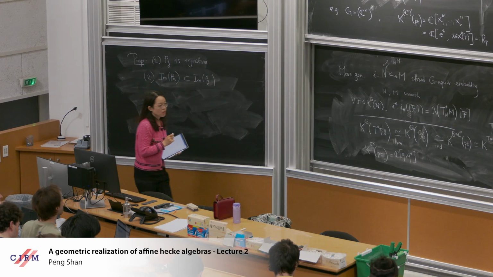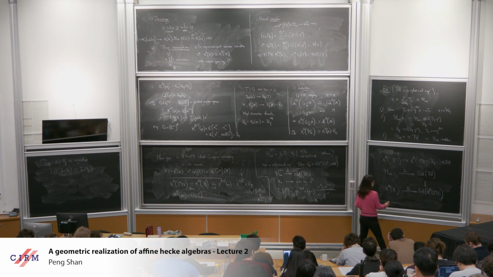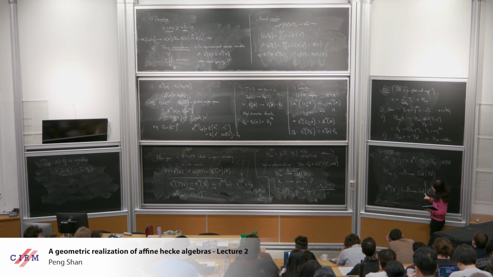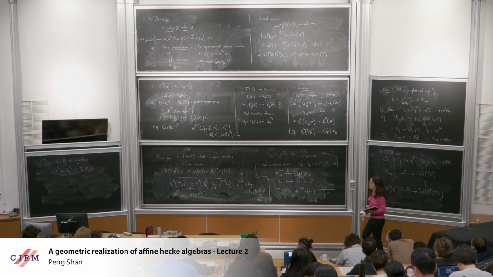Okay? So if this is injective and the image of this map is contained in the image here, that means you have a map from H extended to this.